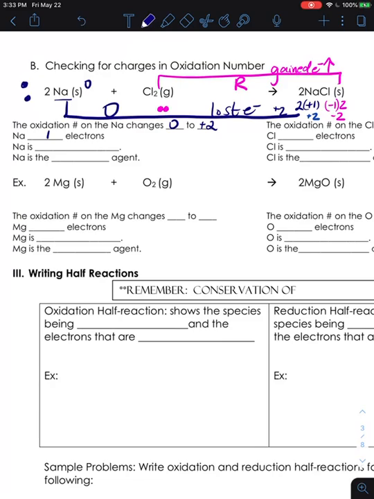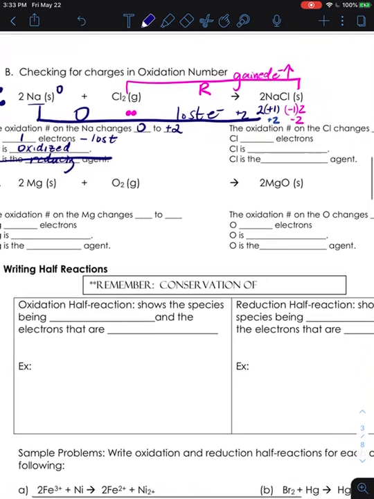That's being oxidized. Sodium lost electrons. Don't worry about Na. There is another term here, and I don't want you to get it confused just yet. We call it the reducing agent, but for all intents and purposes, you do not need to know that right now.